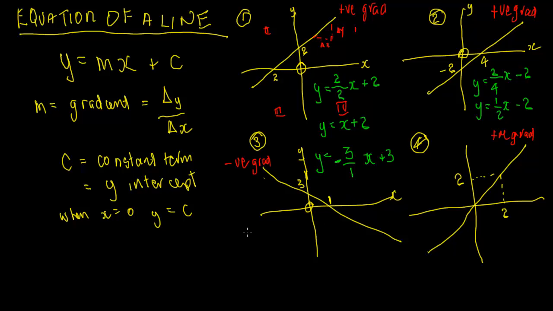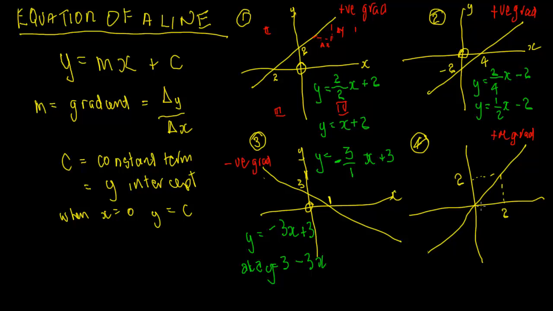So this graph here is y equals -3x plus 3. It could also be written 3 minus 3x. Some people don't like the negative sign out there on its own, so that's just another way of saying it. It's no problem.